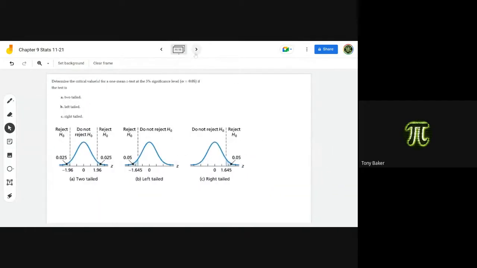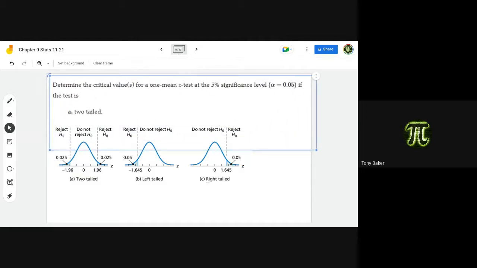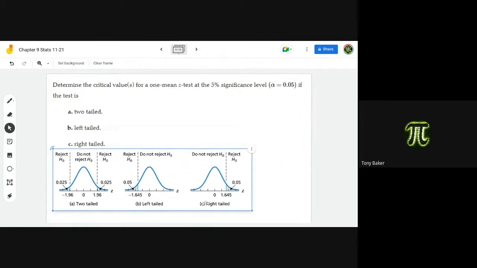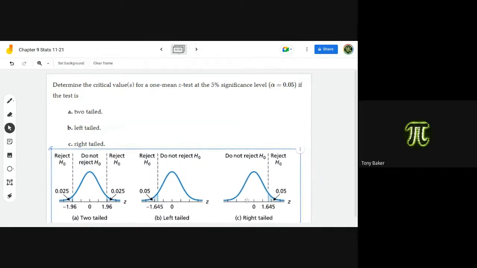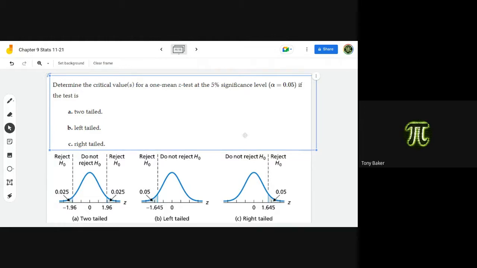Okay. So when we're looking at these claims, the 5% significance level is one that's used quite often.